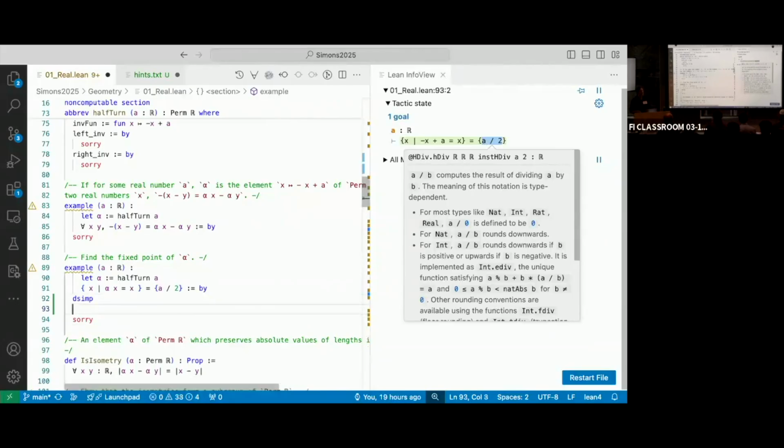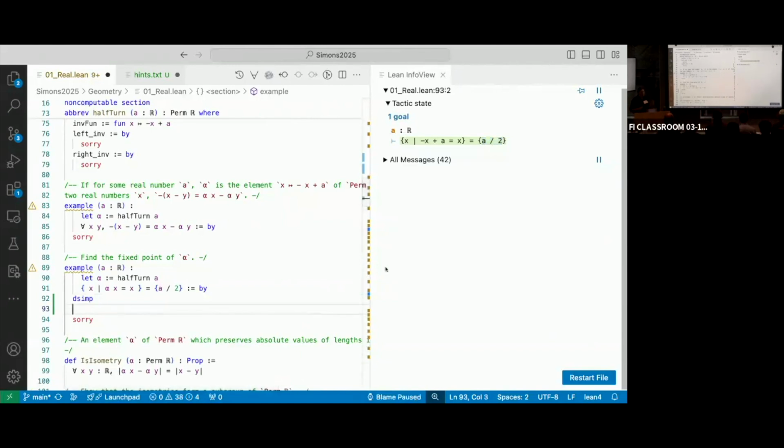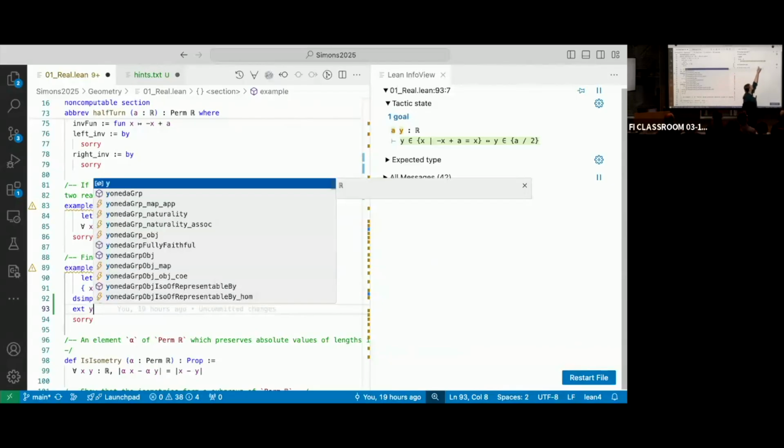So let's take this approach, the element-wise characterization of equality of sets. I introduce a variable, maybe I'll even call it y for distinction, which says that I've taken a real number y, and my task is to prove y is in the left set if and only if y is in the right set. Okay, so this is a new use of the extensionality tactic.